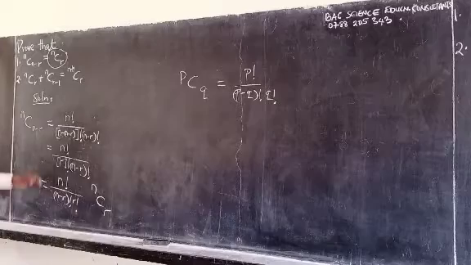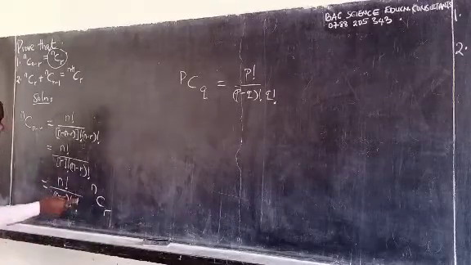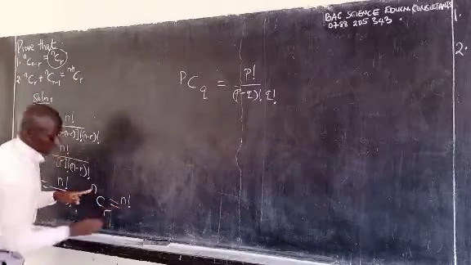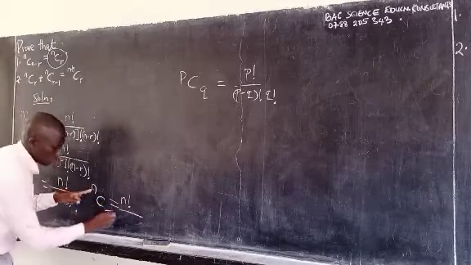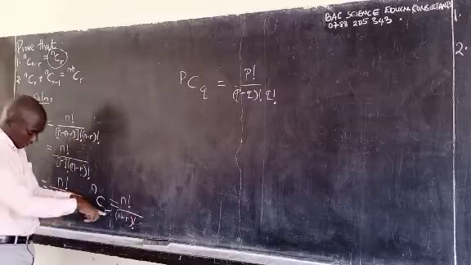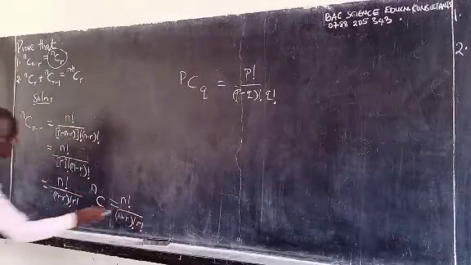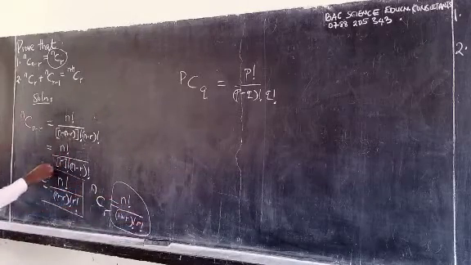Let's forget about that, and then we do. So what is this? This is n factorial out of this minus this factorial, n minus r factorial, then this factorial. Is this the same as this?